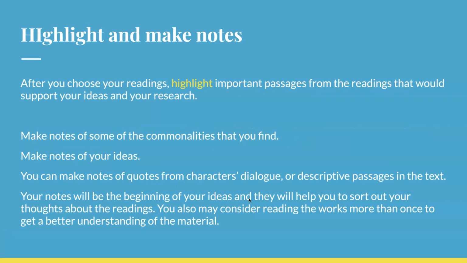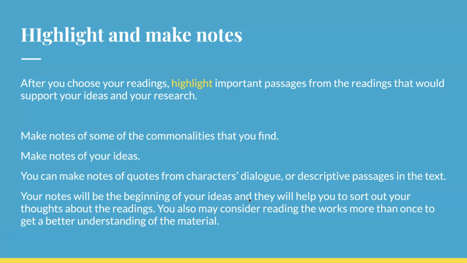So after you choose your readings, highlight important passages from the readings that would support your ideas and your research. Make notes of some of the commonalities that you find. It could be whatever comes up for you. Make notes of your ideas. You can make notes of quotes from characters, dialogue, or descriptive passages in the text.